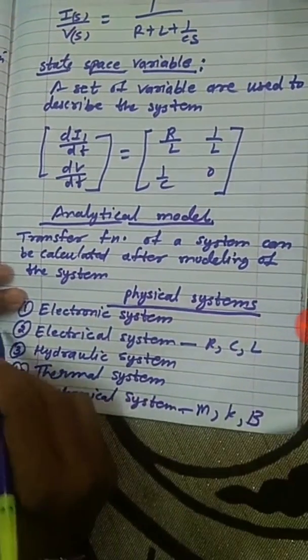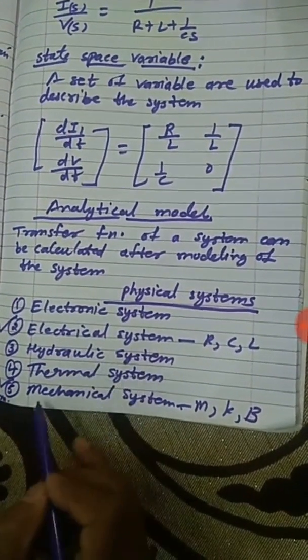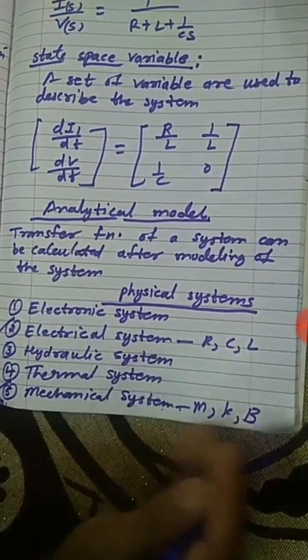So I am taking electrical and mechanical system. In our syllabus, we have to study the electrical system and the mechanical system modeling. So first I am taking electrical system modeling.